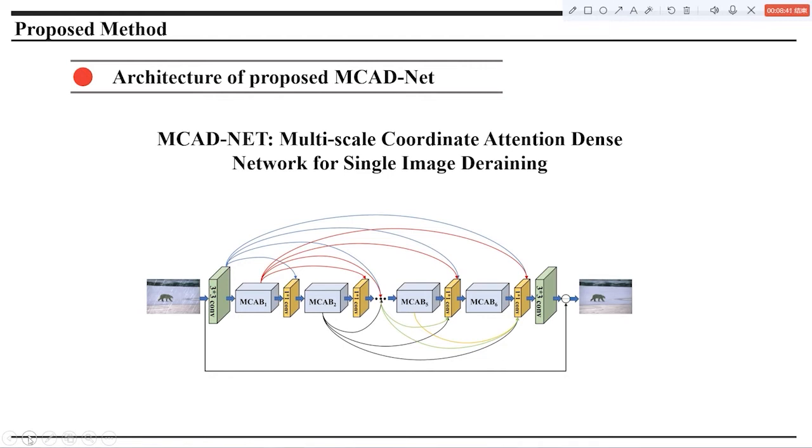In this way, long-range dependencies can be captured along one spatial direction, while precise positional information is preserved along the other spatial direction. The coordinate attention model helps the proposed network adjust the three color channels respectively and identify the rain region properly. We evaluated the proposed network on public, competitive, benchmark, synthetic, and real-world datasets, and the results significantly outperform the current outstanding methods on most of the deraining tasks.